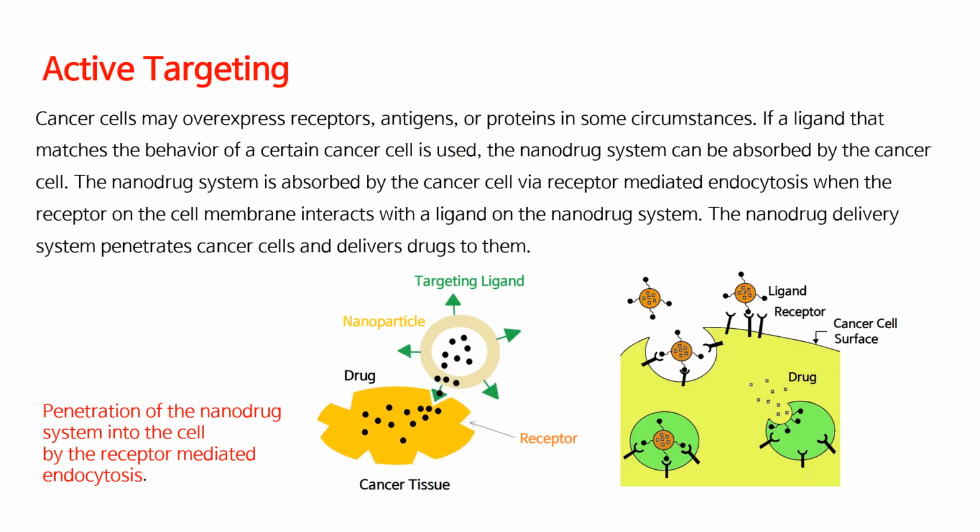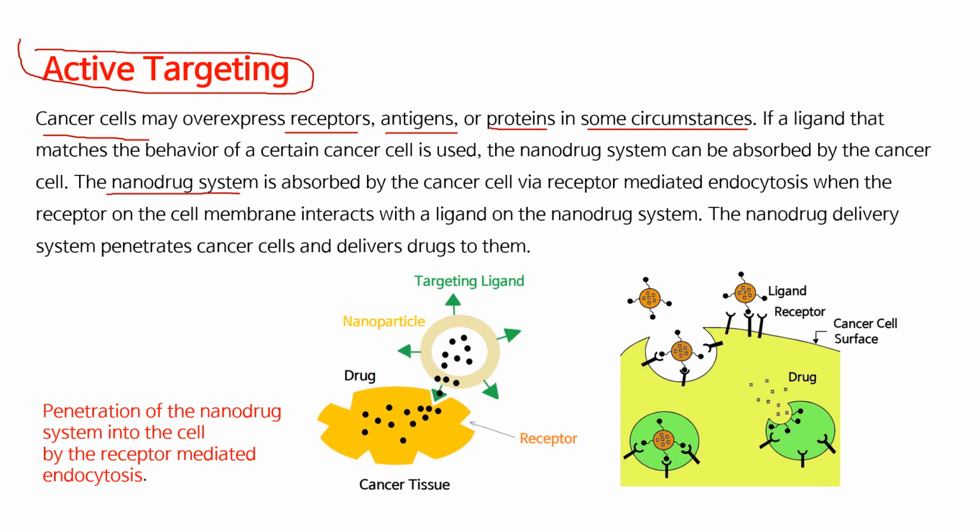Now let's see what kind of active targeting we use. Cancer cells may overexpress receptors, antigens, or proteins in some circumstances. If a ligand that matches the behavior of certain cancer cells is used, the nanodrug system can be absorbed by the cancer cell.